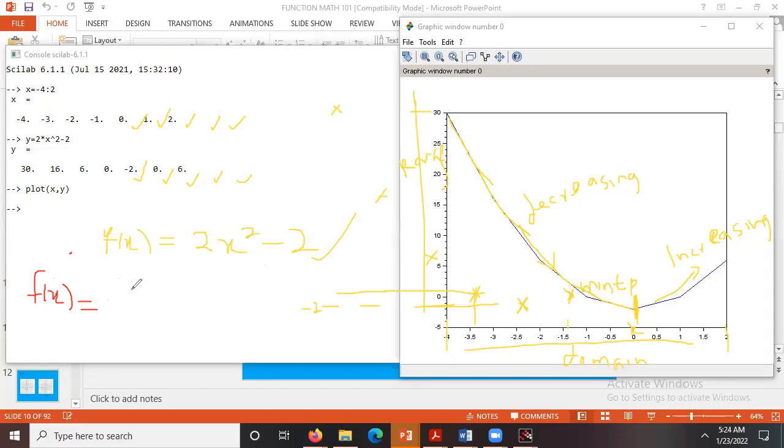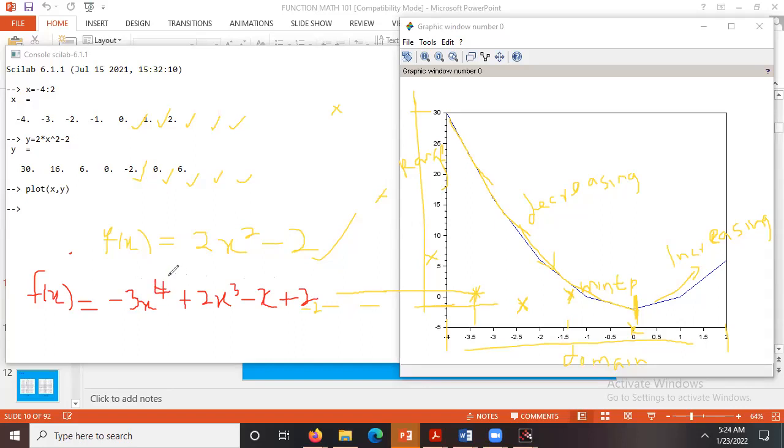So let's take f of x is, let's say, minus 3x raised to the power 4, plus 2x cubed minus, let's say, x plus 2. Okay, good. So this is also a polynomial of degree 4.